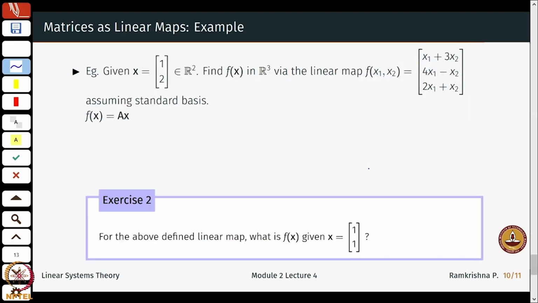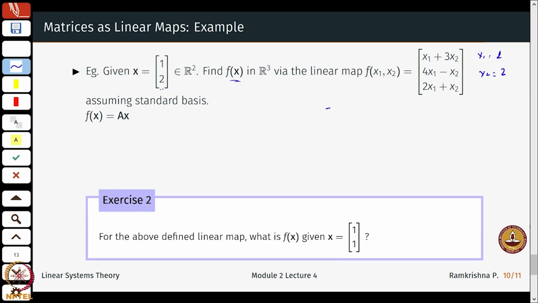Okay. So, one more example. Given a vector x in R2, find what is f of x in R3 via the linear map, which is again given by the same transformation as here. Right. So, that is again like trivial stuff. You just substitute x1 equal to 1 and x2 equal to 2.